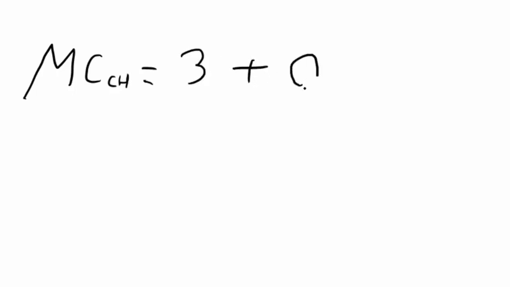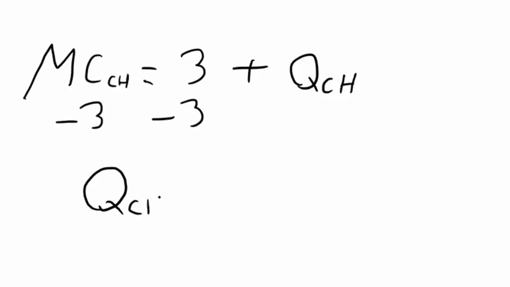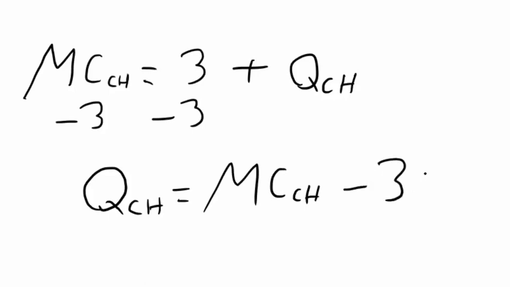Next, we want to do the same for the marginal cost of the China factory, which had a marginal cost of China equals 3 plus quantity of China. We would subtract 3 from both sides, and we get a quantity of China equals marginal cost of China minus 3.